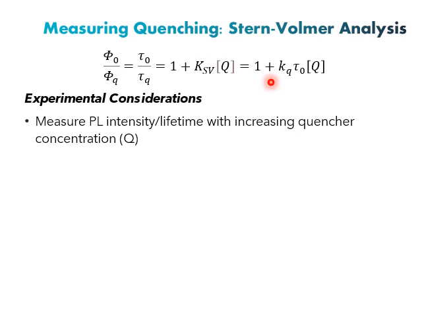The Stern-Volmer constant is a product of 2 elementary terms: tau 0, the native lifetime of the excited state molecule, and KQ, the quenching rate constant that we're often interested in measuring. So you measure the photoluminescence intensity and lifetime with increasing quencher concentration, and this plot gives you the relevant parameters.